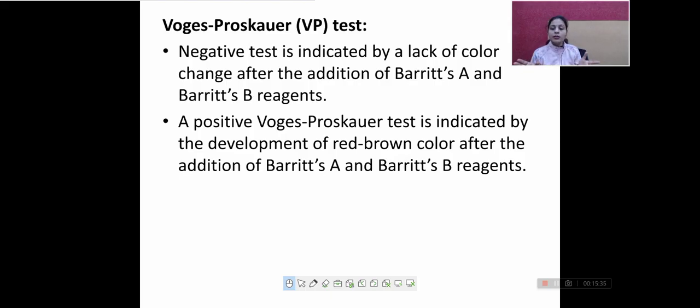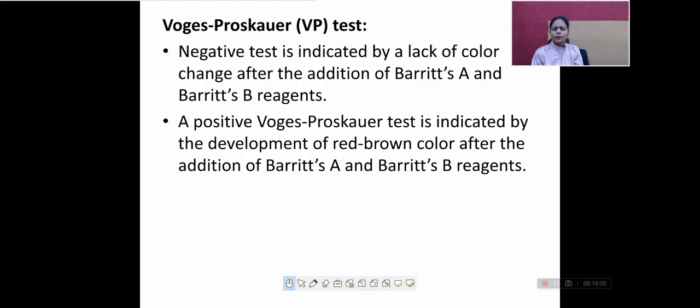So the methyl red test and the indole test both produce red color, and if the sample is negative, then the yellow color remains, right?